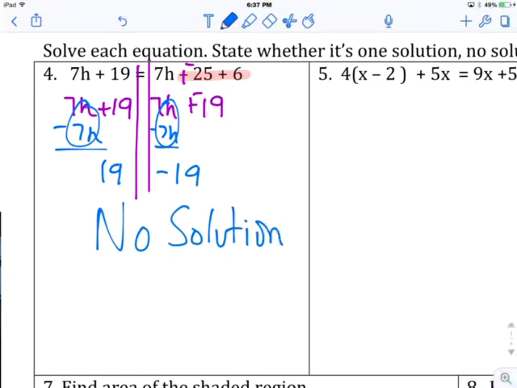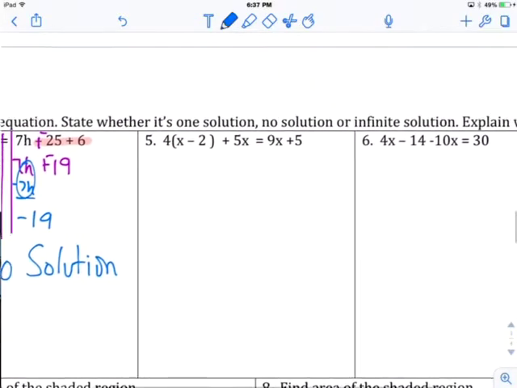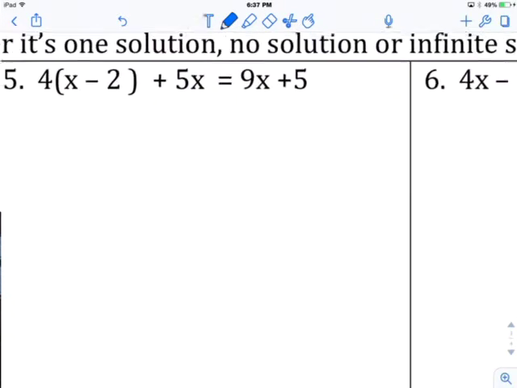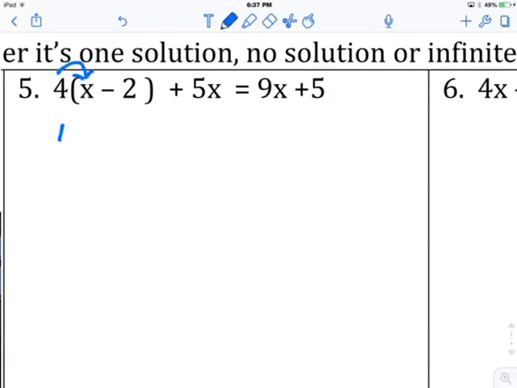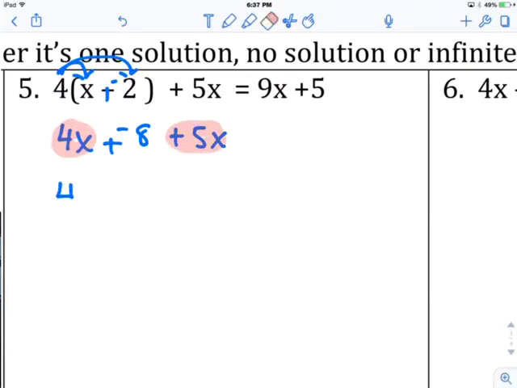Okay. And this one here, you distribute here, get 4x, additive inverse, get negative 8 there, add 5x. These two are alike because they're on the same side. You add them together for 9x minus 8.